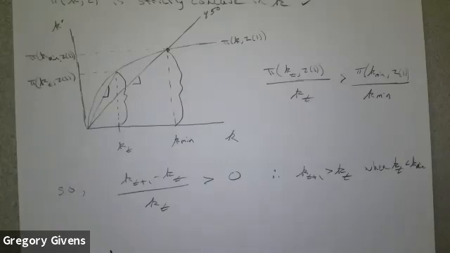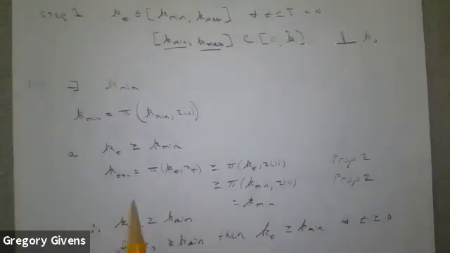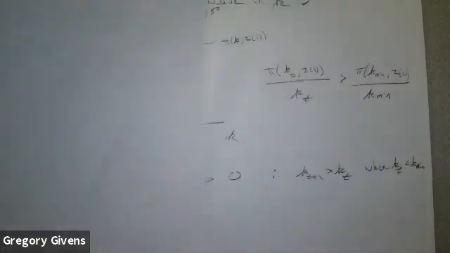And so that means eventually the capital stock is going to rise above this value K_min, at which point the capital stock will never fall below K_min because of case A that we cleared on the previous page.